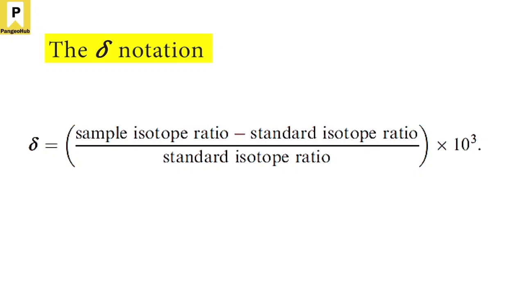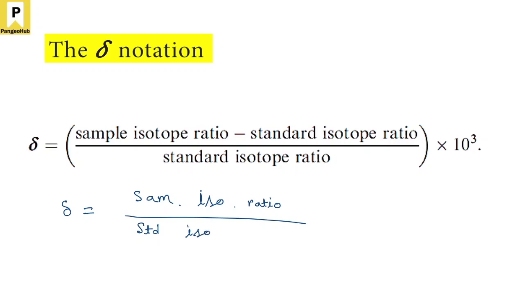So it can also be rewritten as delta equals sample isotopic ratio divided by standard isotopic ratio, minus 1, multiplied by 10 to the power 3.